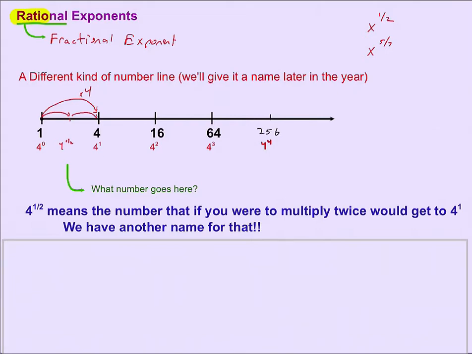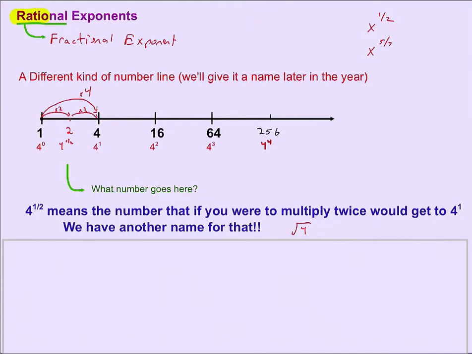Well, we have a name for that. The number that if you were to multiply twice would get to 4, that is another way of saying the square root of 4. So that's what this number is here, the square root of 4. Makes sense. If you multiply by 2 and then multiply by 2 again, you get to 4. So in that sense, by multiplication, 2 is halfway to 4.